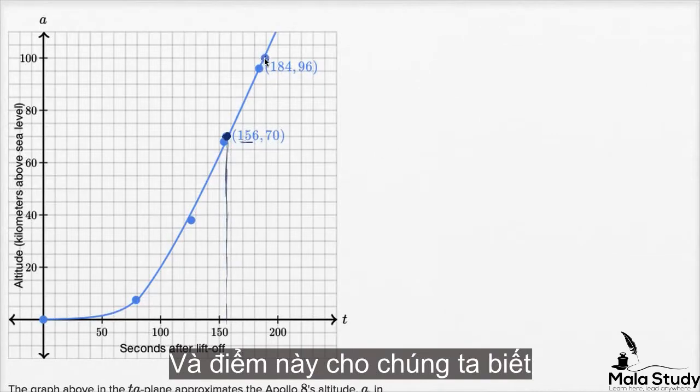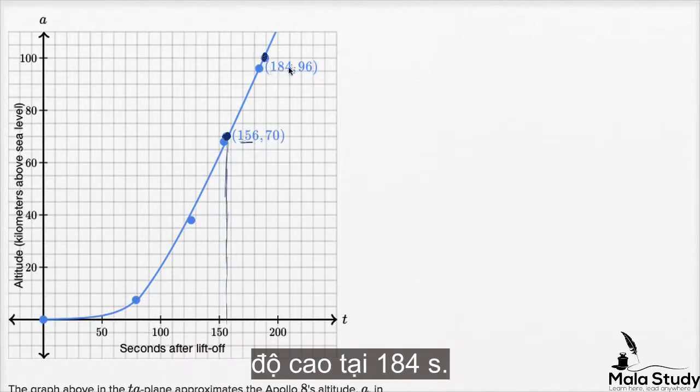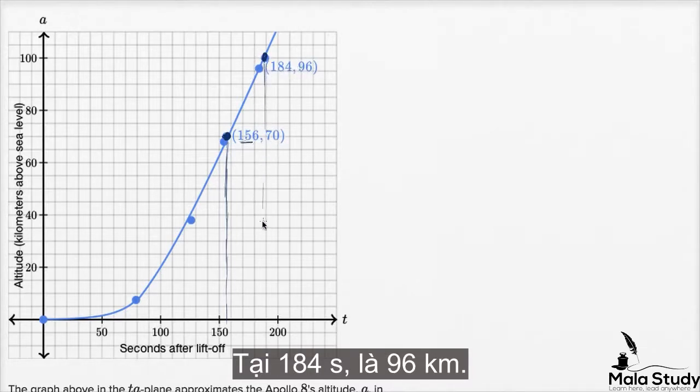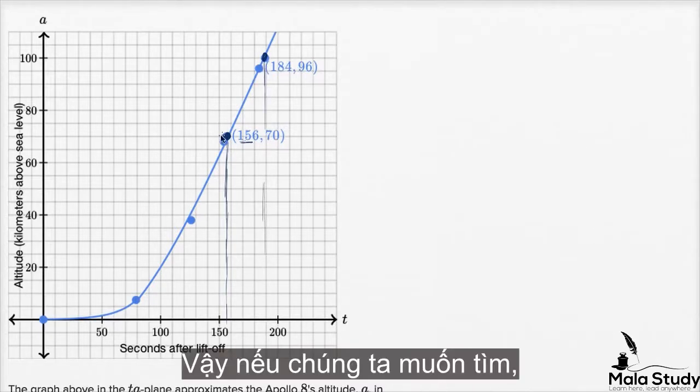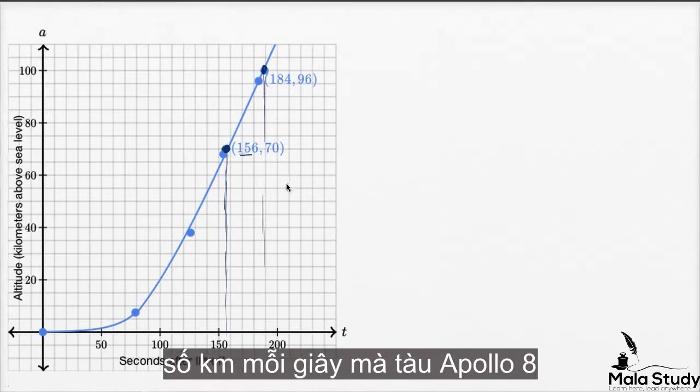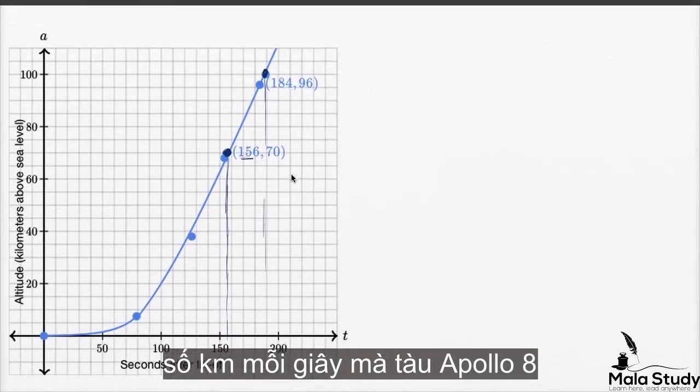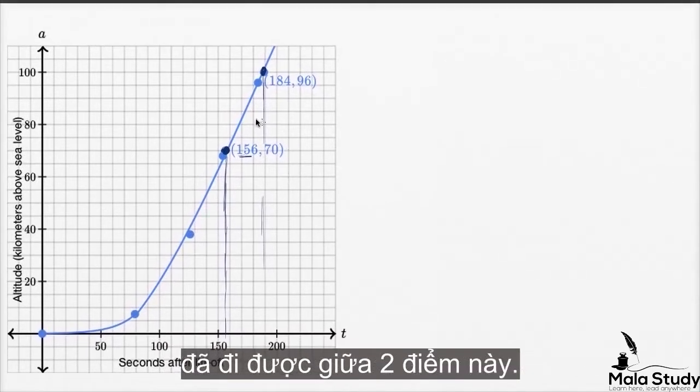And this tells us the altitude at 184 seconds. It's 96 kilometers. At 156 seconds, it's 70 kilometers. At 184 seconds, it is 96 kilometers.